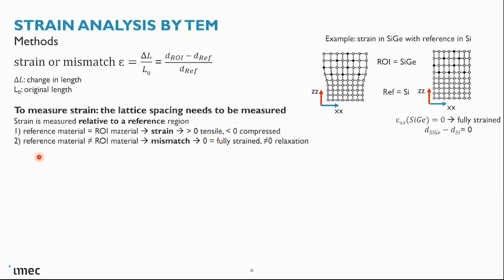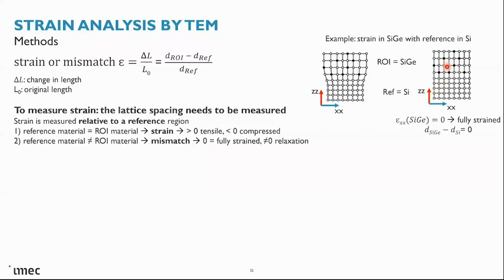If the reference material is different from our region of interest, for example, as here, where the reference is silicon and the region of interest is silicon germanium, then we talk about mismatch.